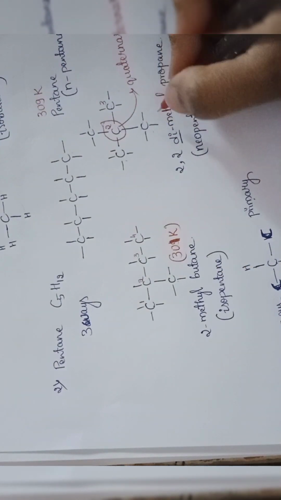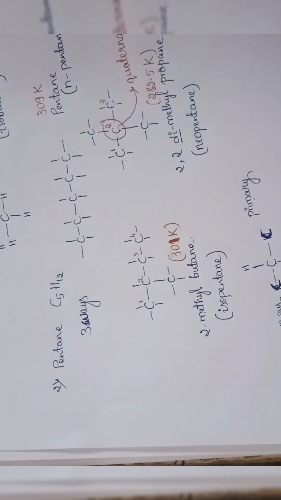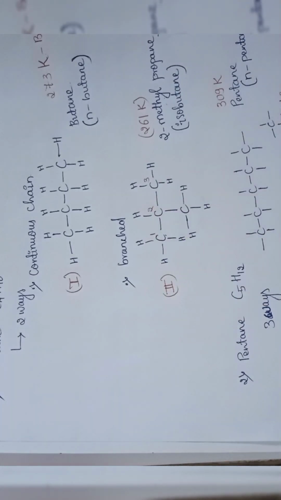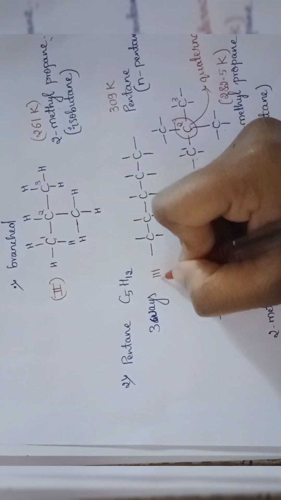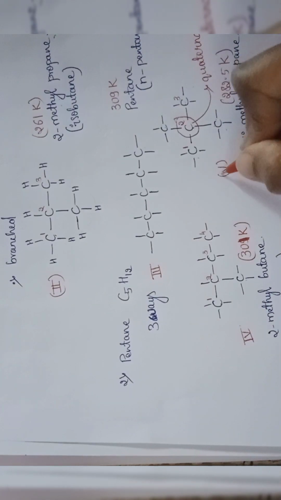And here it is 282.5 Kelvin. I will name the structures: this is the first structure, and this will be 2. This is 3, this is 4 and this is 5.